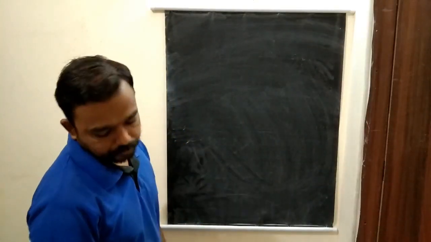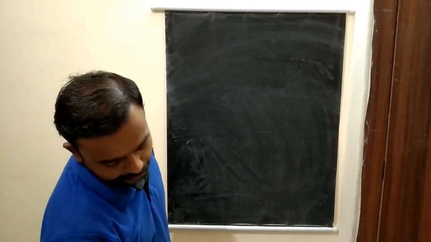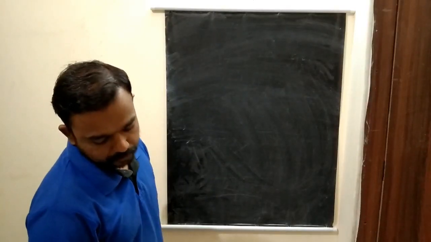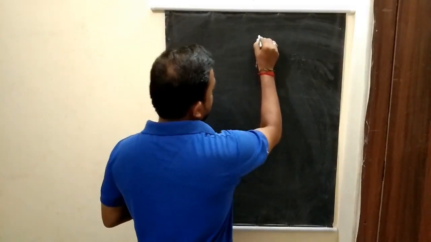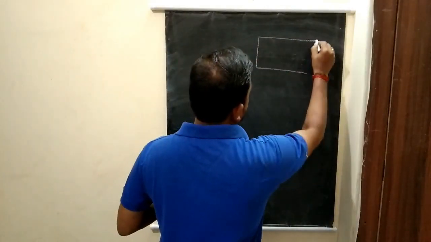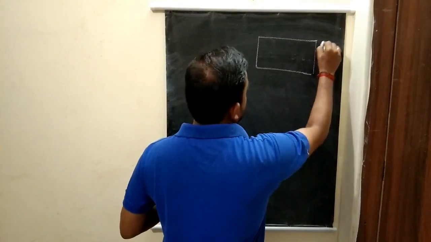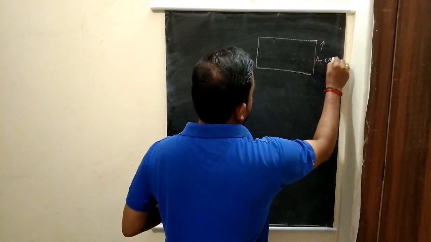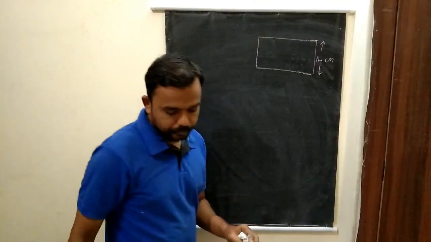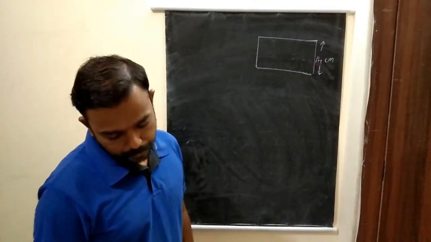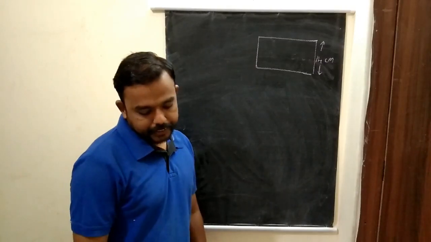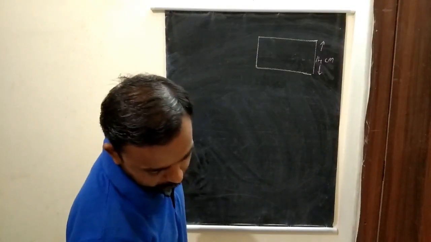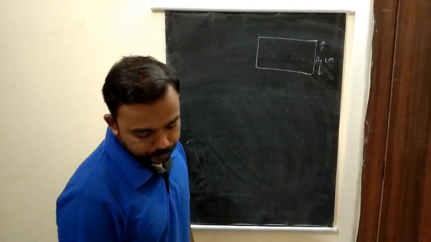Next problem. A rectangular paper with 14 centimeter. This is 14 centimeter. It is rolled along its width and a cylinder of radius 20 centimeter is formed.